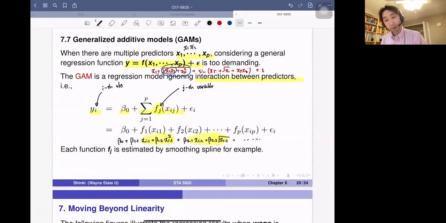Then you can include it in the GAM. But that means that we don't consider interaction between x1, x2, and x3. We cannot account for this interaction. But if you want to include specific interactions, you can still introduce them as additional predictors.